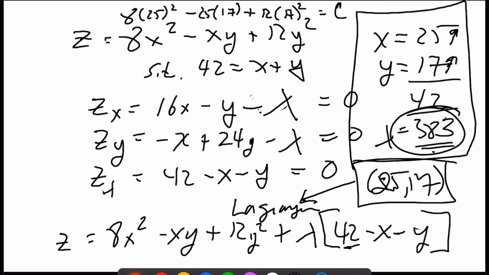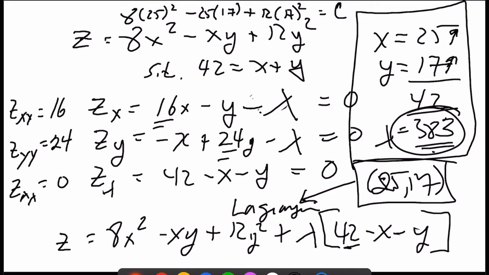Now, he said, what's the bordered Hessian look like? Well, I got a 16 there. I got a 24 there, right? So zxx equals 16. Zyy equals 24. And z lambda lambda, as always, equals 0.